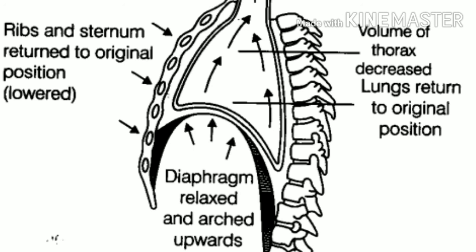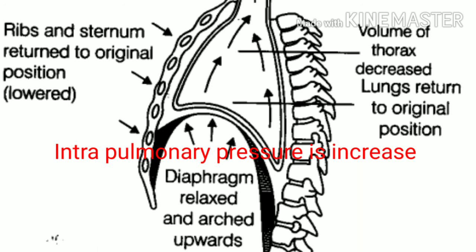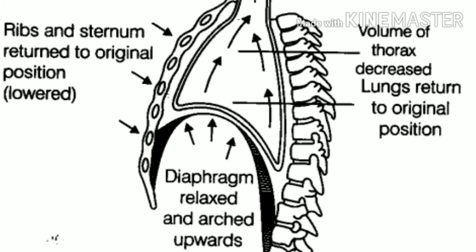This leads to an increase in the intrapulmonary pressure compared with the pressure in the atmosphere. That causes the air to be expelled from the lungs into the atmosphere. Why? Because the pressure inside the lungs, that means the pressure of air, the intrapulmonary pressure, is higher than the atmospheric pressure.